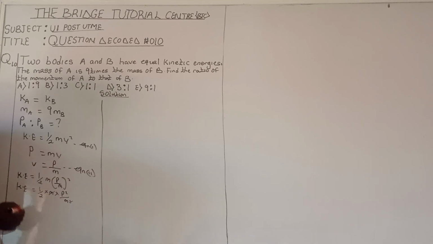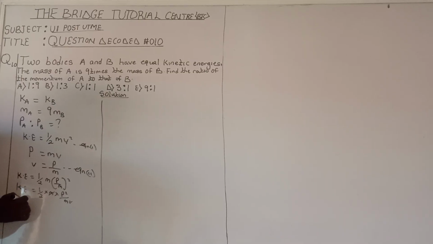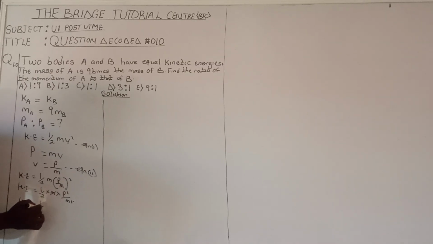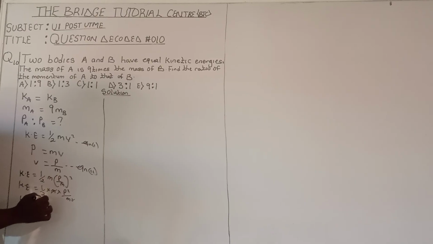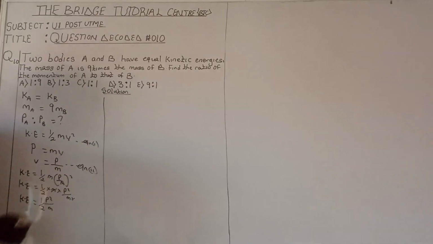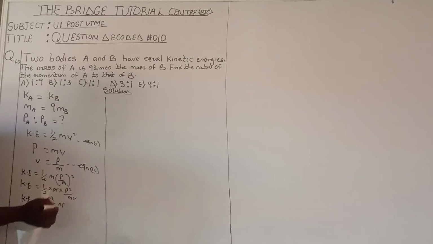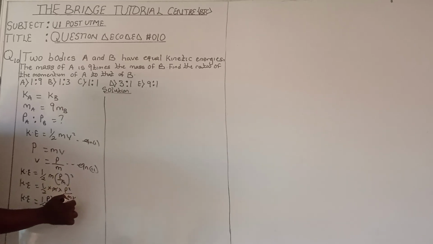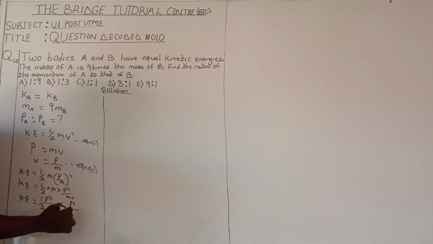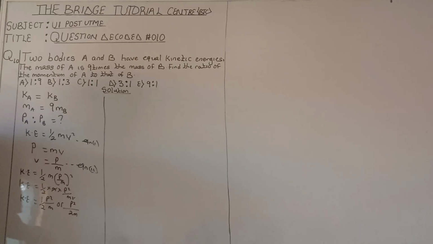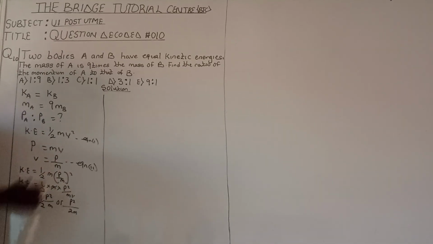So we cancel one m. What we have left is KE equals half P squared over m. Or if you like, you can continue, and we have P squared divided by 2m. So that's the formula for kinetic energy.